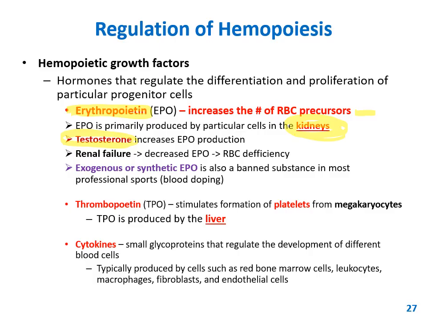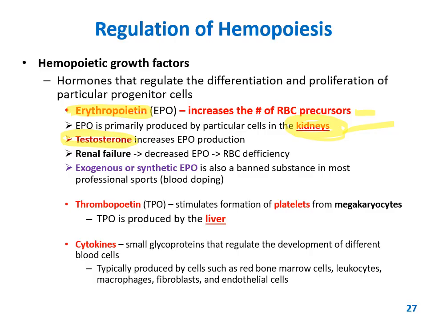Testes, exactly. You should be thinking about differences between men and women. Yes, you also have ovaries and the female reproductive system that produce some testosterone, but testes is right in the name. So if you have testes, you're going to have a higher level of testosterone. That means you're going to stimulate your kidneys to produce more EPO.